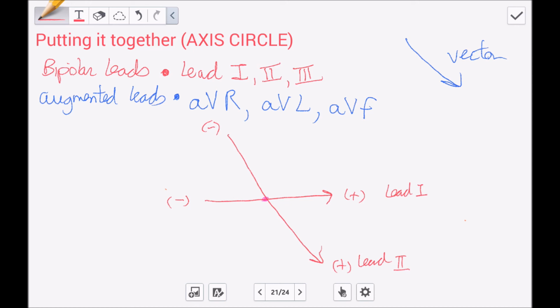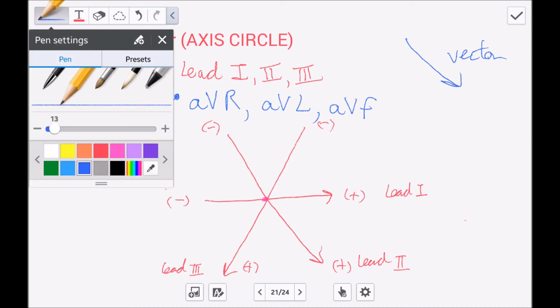Lead 3 was meant to be this part of the triangle over there, if it was in a triangle form, but it's not. So we pass lead 3 through the pink dot like this, correct? Minus, plus. This is lead 3. All right, so we're able to plot all our bipolar leads: lead 1, lead 2, and lead 3.